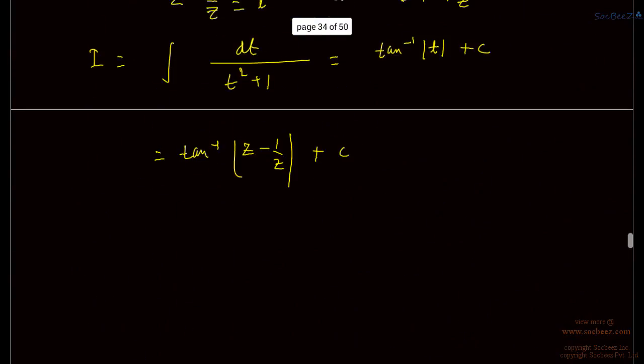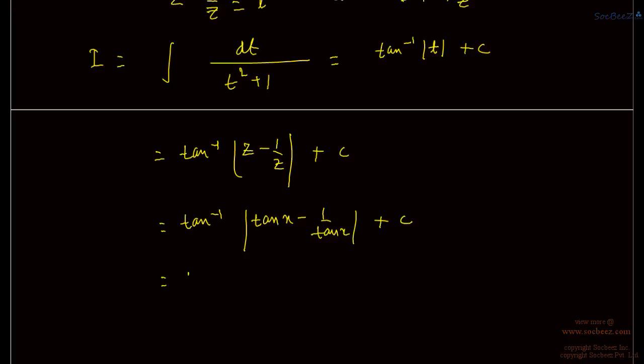So we have the value tan inverse of tan x minus 1 upon tan x plus c. Okay. So this is nothing but tan inverse of tan x minus cot x plus c, which can be further written as tan inverse of minus 2 cot 2x plus c.